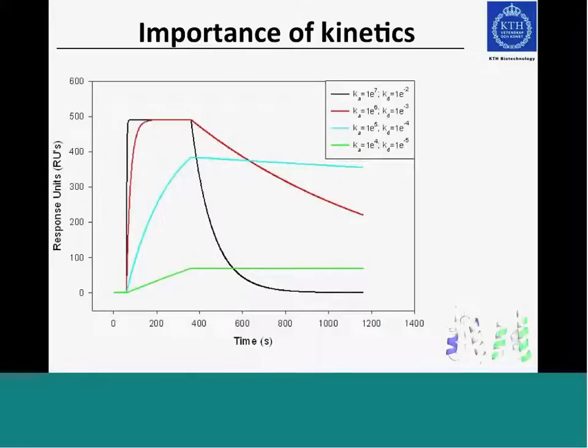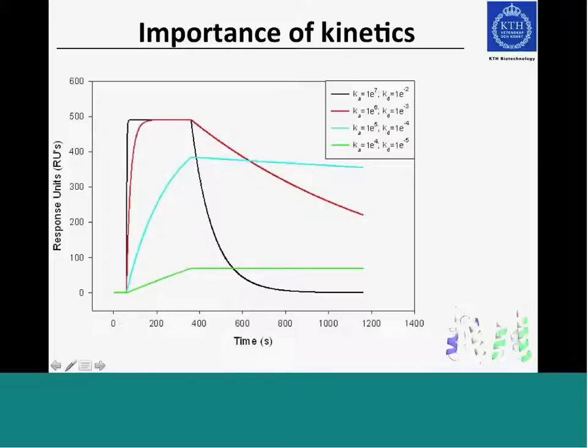And just to remind you all that the kinetics is important, in this graph are 4 different interactions that have different rate constants, but the same KD value, the same dissociation constant, the same equilibrium constant. So looking, for example, at the very fast binders that come off very quickly, may be good for one application.